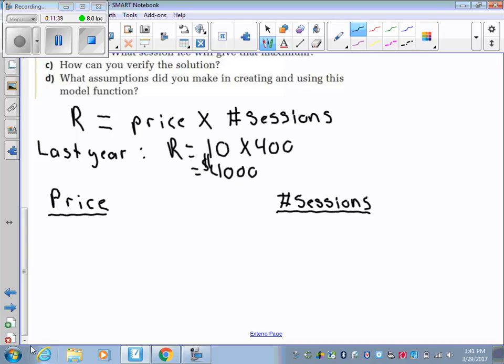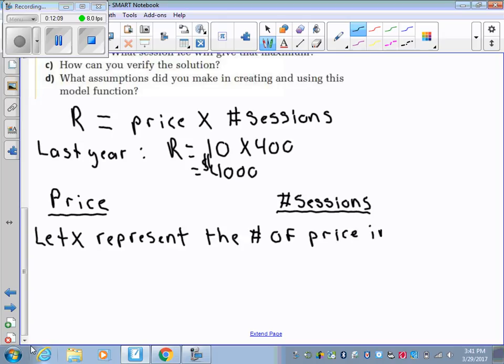Okay. So we need a little expression to represent these. Okay? So to do this, I'm going to let x represent something first. Let x represent the number of price increases. So feel free at this point to think about it with common sense.